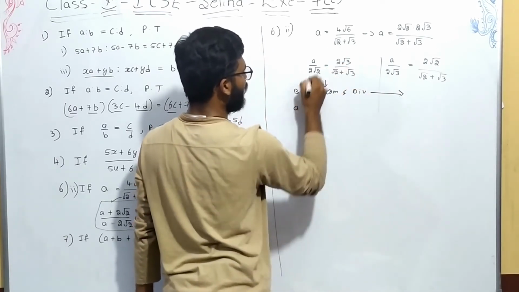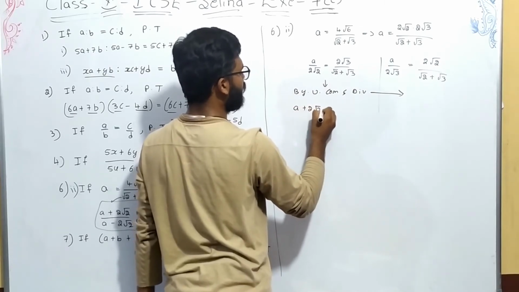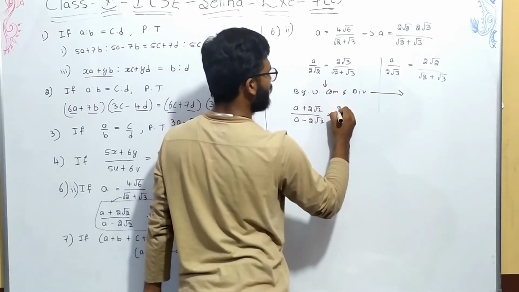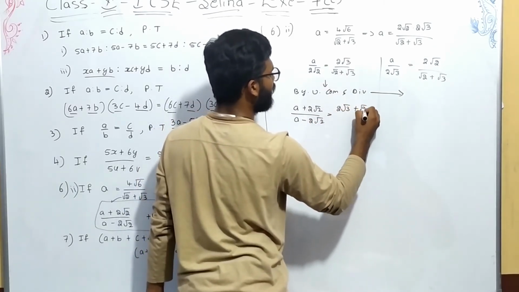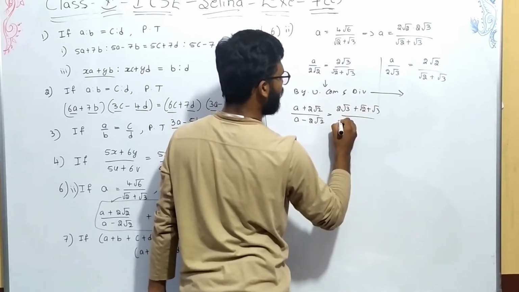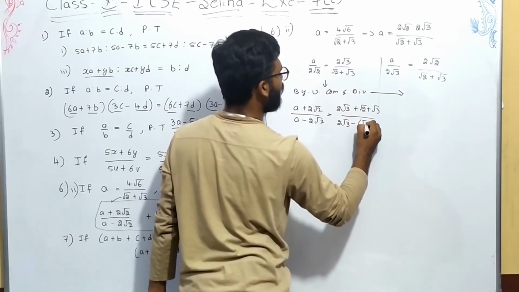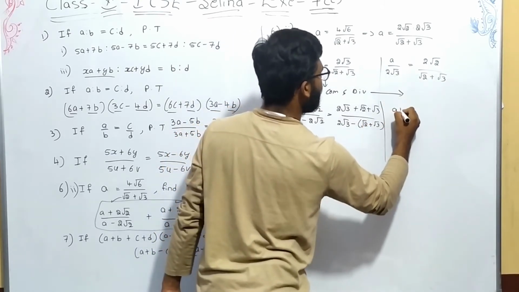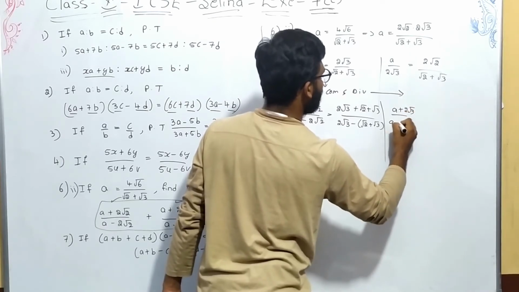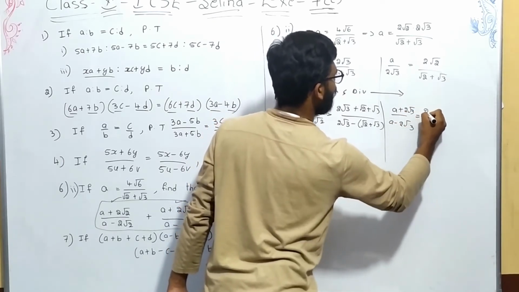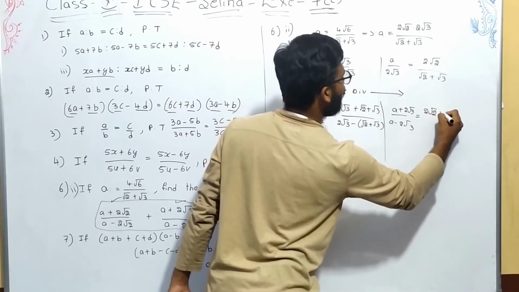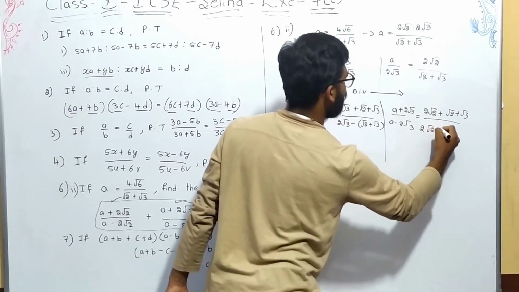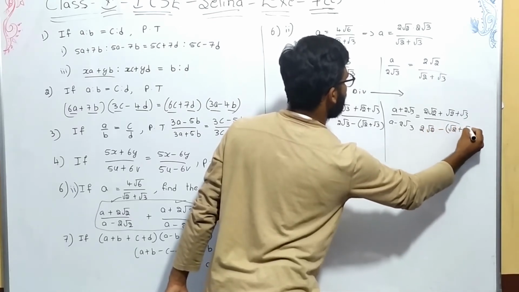What will it become? a by b, (a plus b) by (a minus b) is equal to (a plus b) by (a minus b), minus of (root 2 plus root 3). Same way here, (a plus 2 root 3) by (a minus 2 root 3) is equal to (2 root 2 plus root 2 plus root 3) by (2 root 2 minus of root 2 plus root 3).